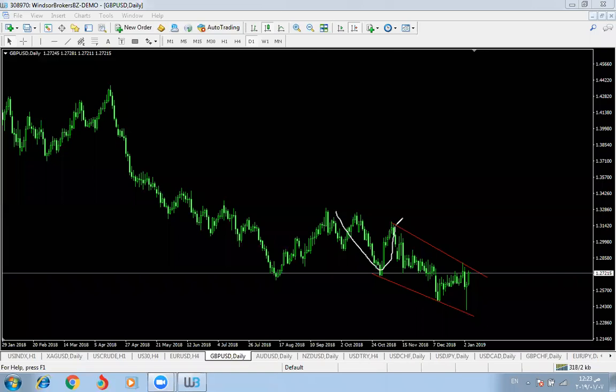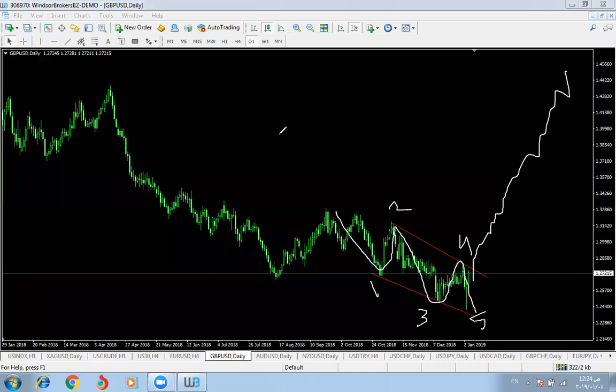This is A, B, C, D, and E. 1, 2, 3, 4, and 5. We have a very quick flash spike right there for the pound, so we are expecting the pound to start moving to the upside.